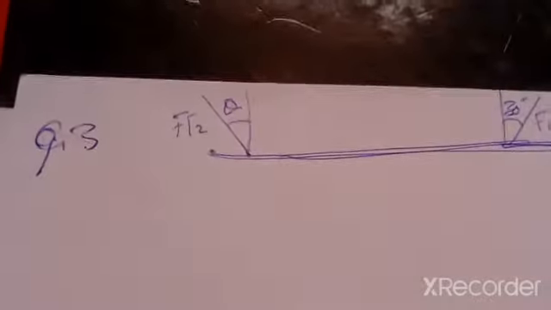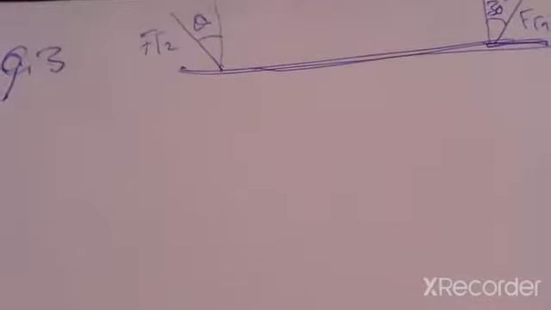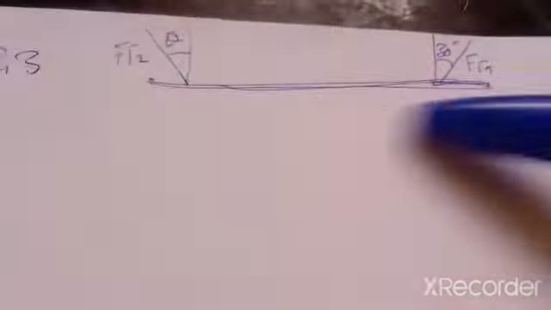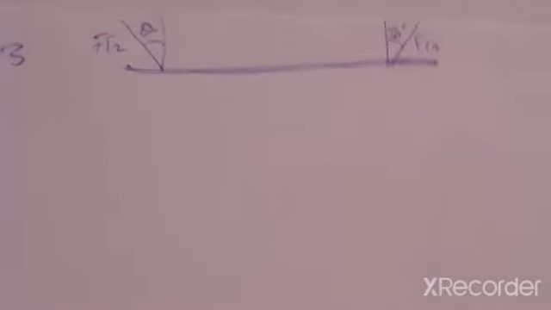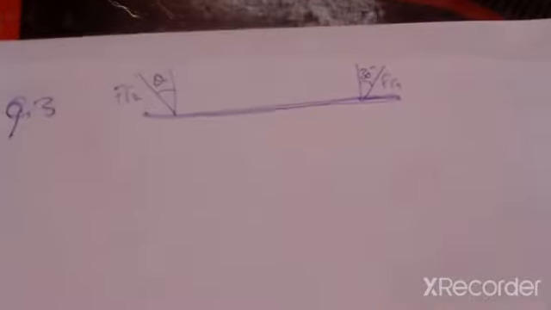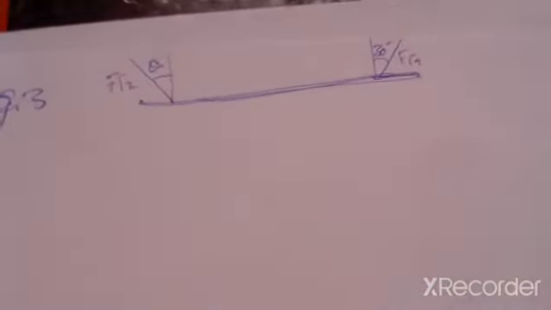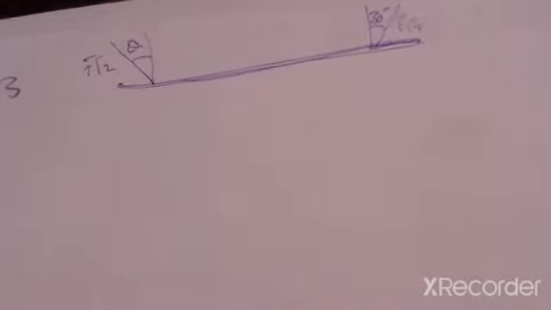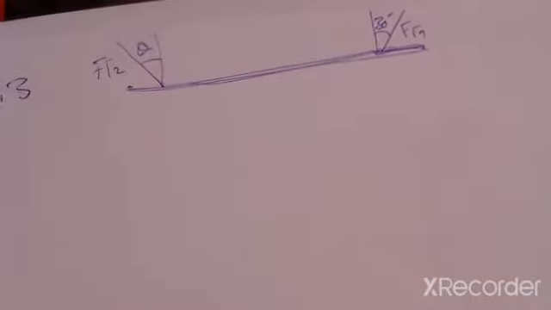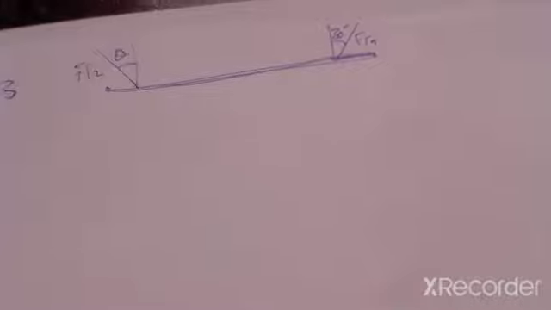Now we've been told that this board is 120 newtons. For uniform rods or boards, we take the center of mass. You're going to have to assume that the weight is coming from the center of mass, because the center of mass is where the mass of a body seems to be concentrated.